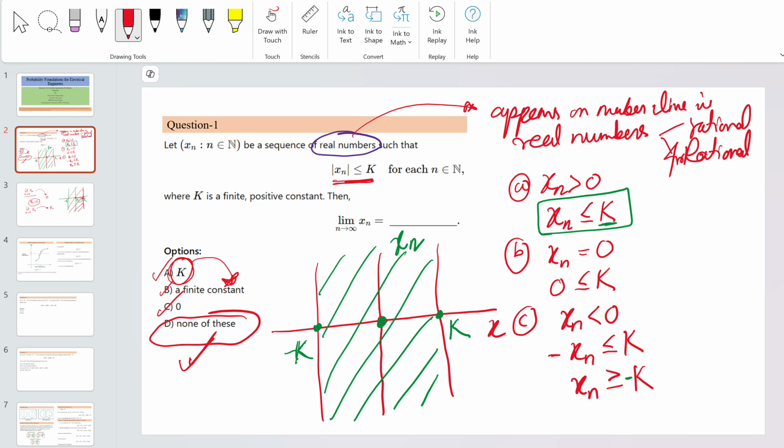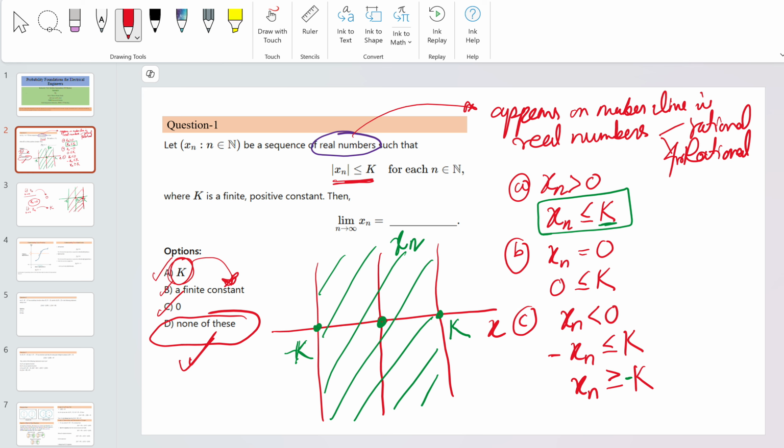When it says that mod of xn is less than or equal to k, it means that there are three possibilities on the 2D plane. If xn is greater than 0, then xn should be less than or equal to k, because k is a finite positive constant. Second, if xn is 0, then the k value will be equal to 0. Why? Because it says that k should be greater than or equal to 0. It can be 0 or greater than 0.